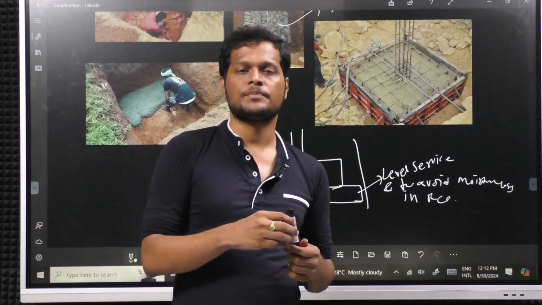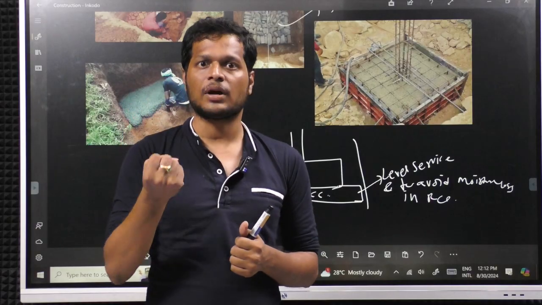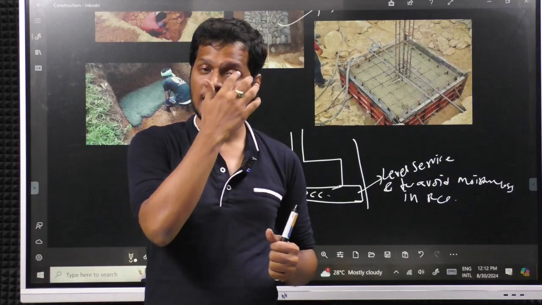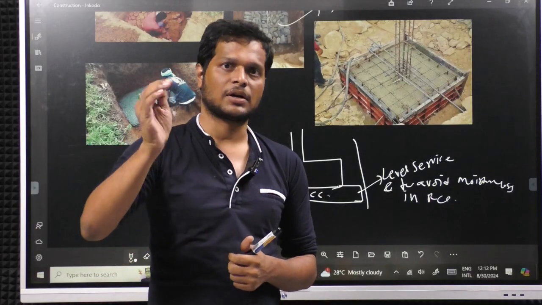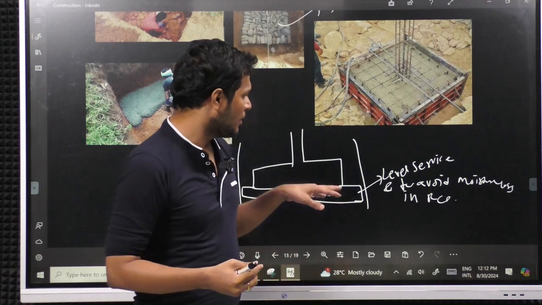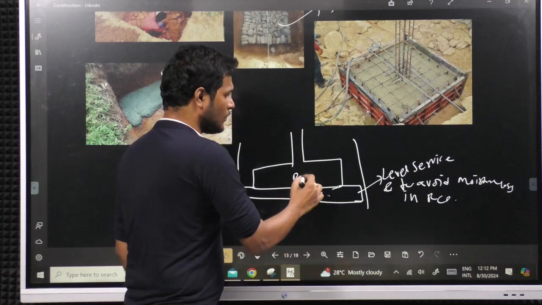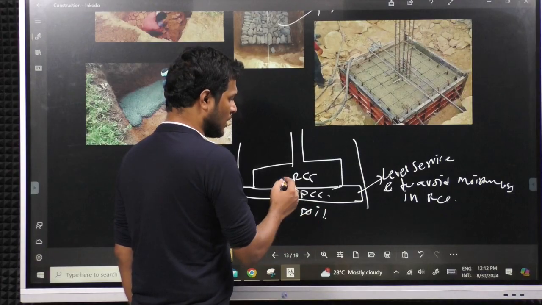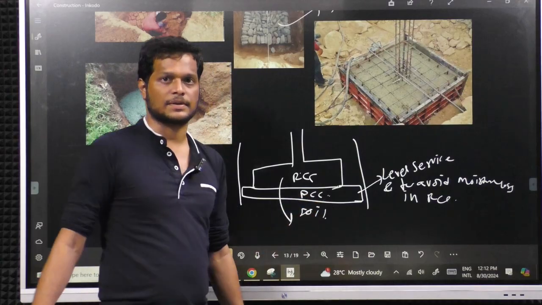Why? Because the main RCC strength comes from the hydration. So if there is loss of moisture from the concrete, the strength of the concrete will be less. So whenever you place RCC directly over the soil, the soil will absorb the moisture inside the RCC.